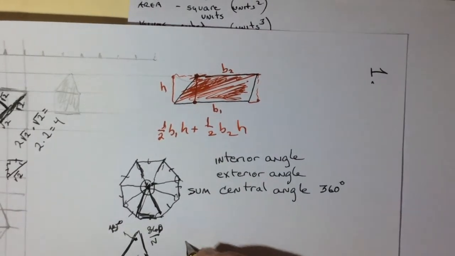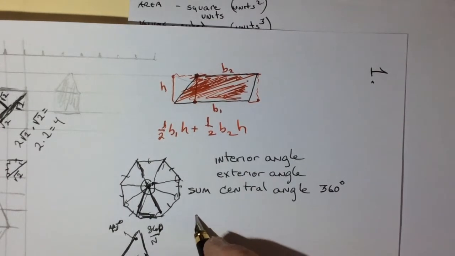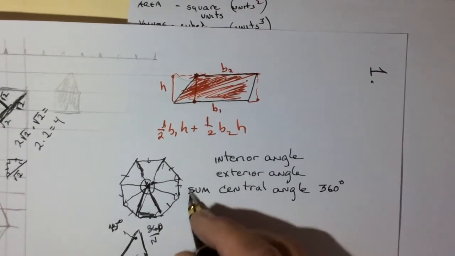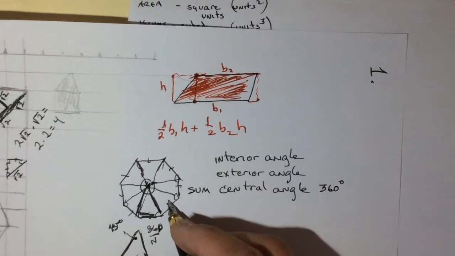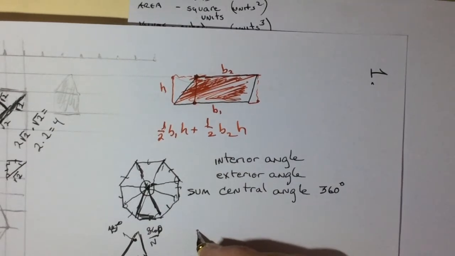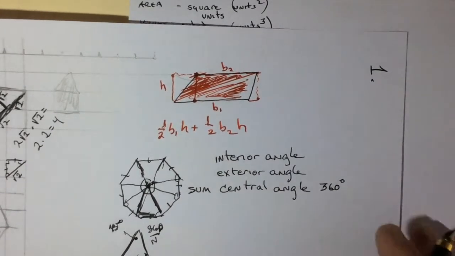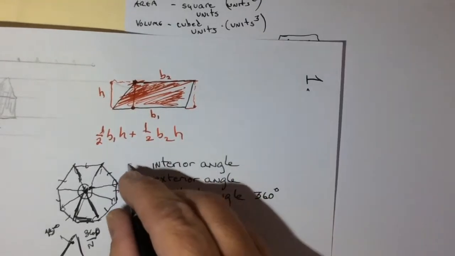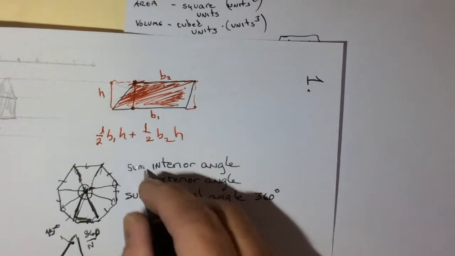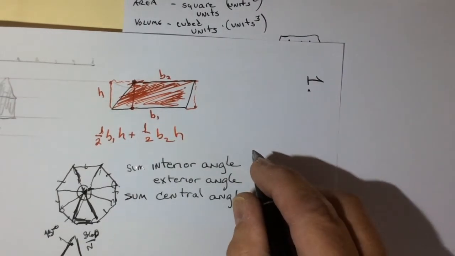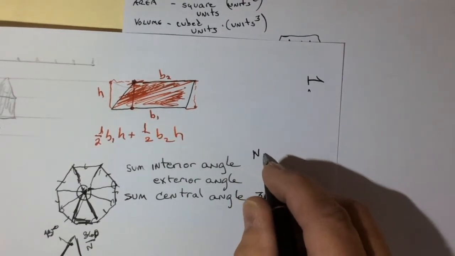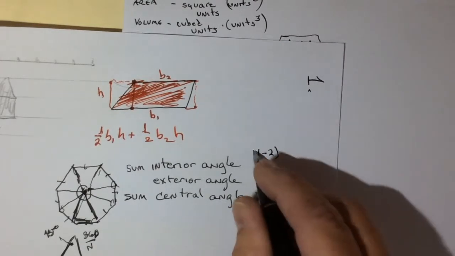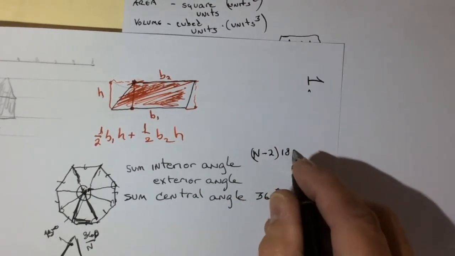All right. So interior angles add up to something different depending on how many sides there are. Right? The sum of all of the interior angles of any polygon is equal to the number of sides minus 2 times 180 degrees.